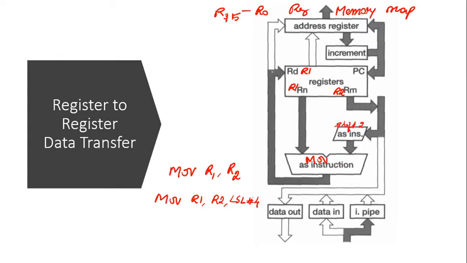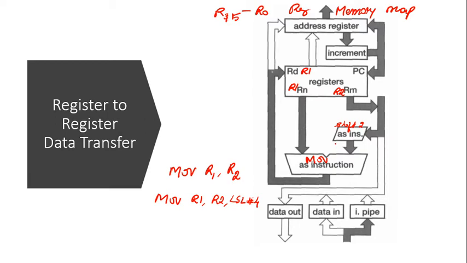The new value will be loaded to R1. That's how it happens. This happens in one cycle of execution. So this is how the data path activity is involved in case of some register operation like a move instruction, or maybe with the shift instruction you can consider. These are all the data activities that are involved in this.